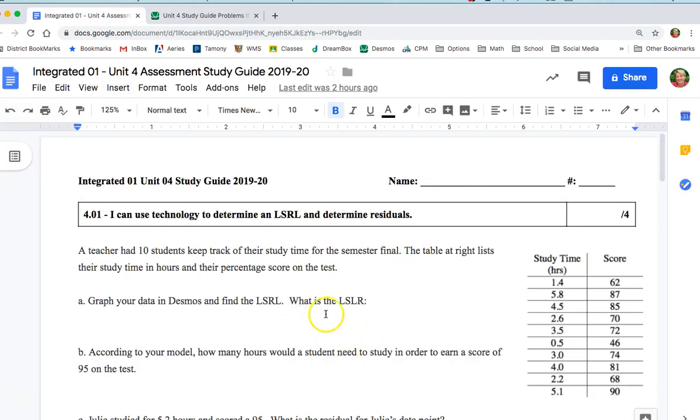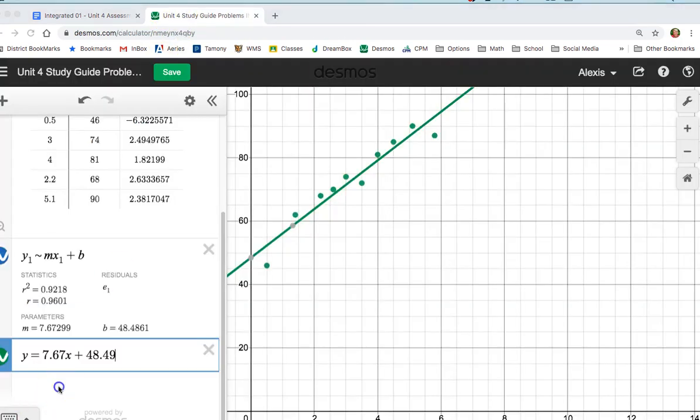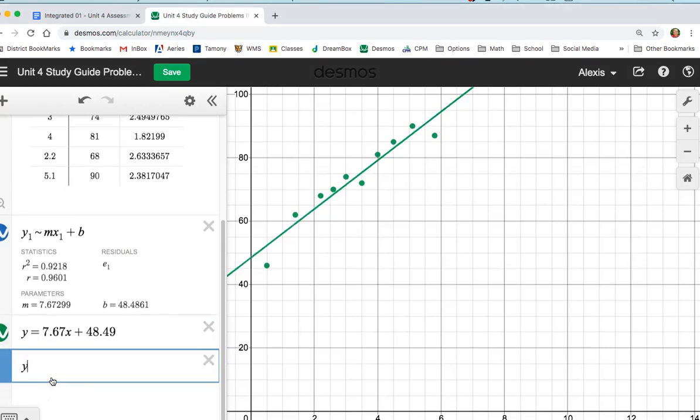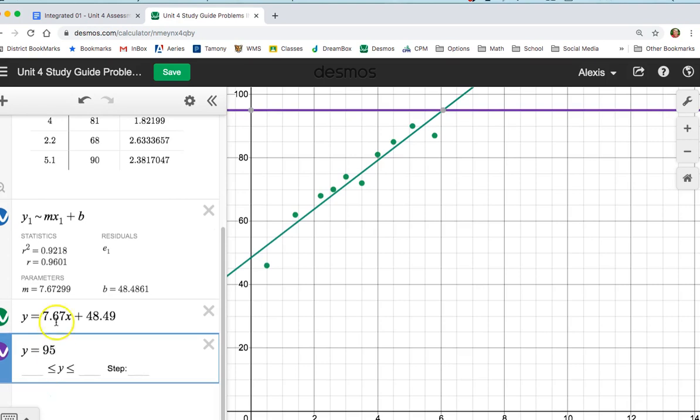Let's go back to see what we have. So that's the least squares regression line. According to your model, how many hours would a student need to study in order to earn a score of 95 on the test? So we want to know how many hours they would need to study to have their Y value be a 95. What we can do is just add the line where Y equals 95.